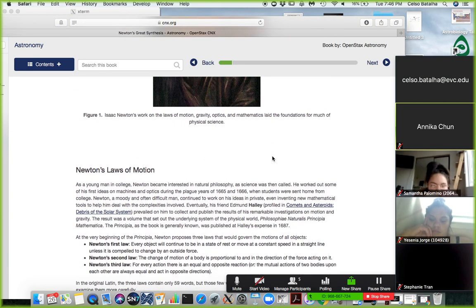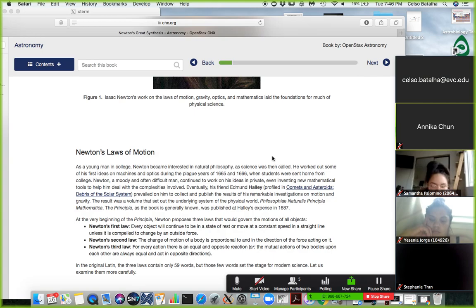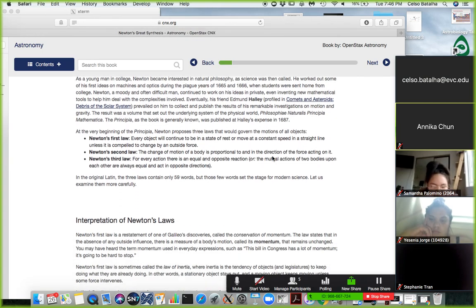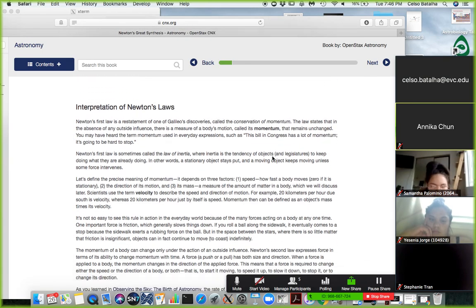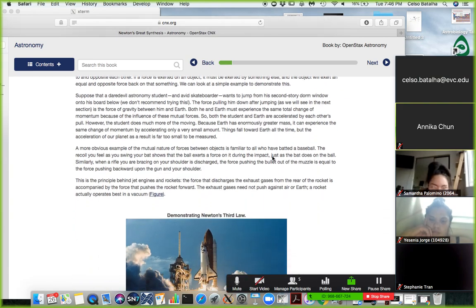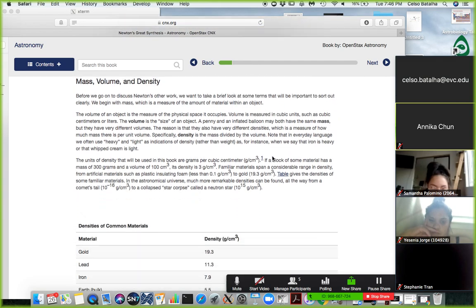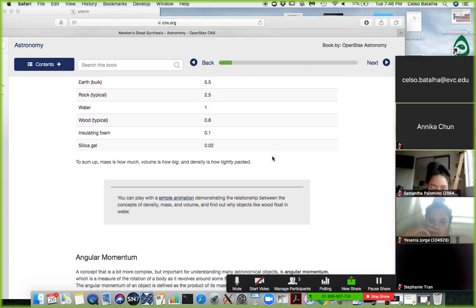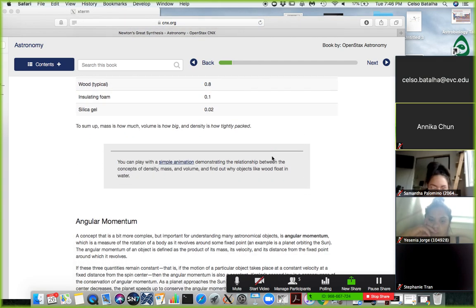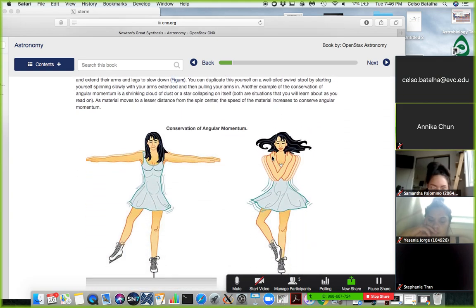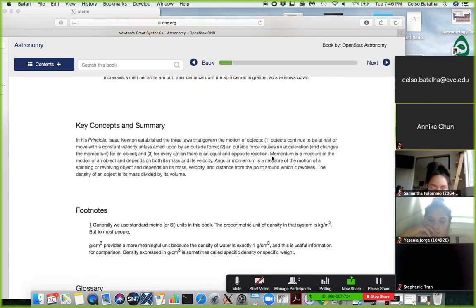Now, this is important because of Newton's laws of motion. Usually I don't cover this part, although if you want to read it, it is important because it has a lot of physics, and if you want to learn this in more detail, go to my physics class and we can play in there.